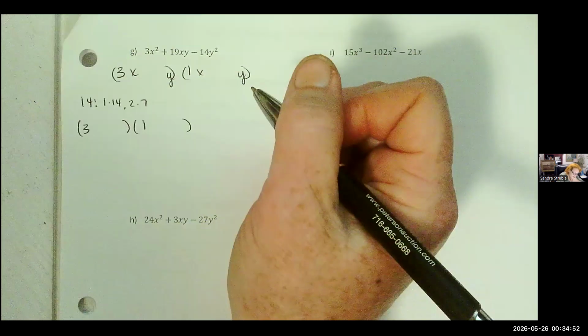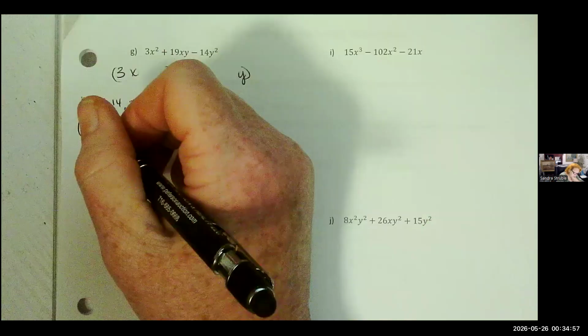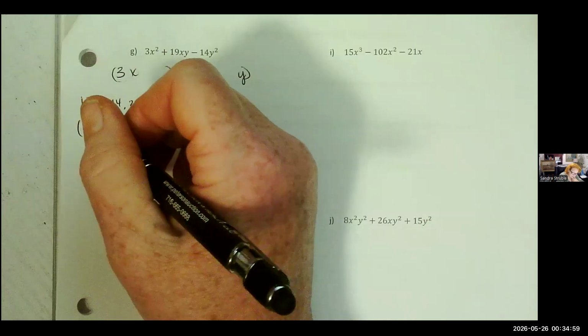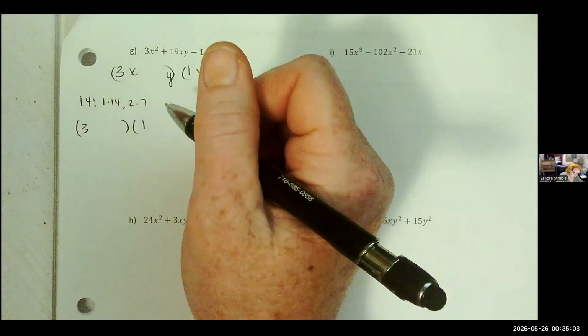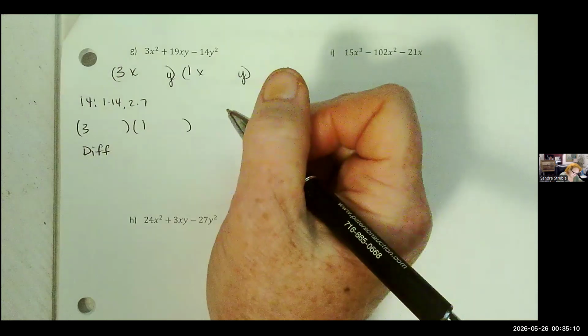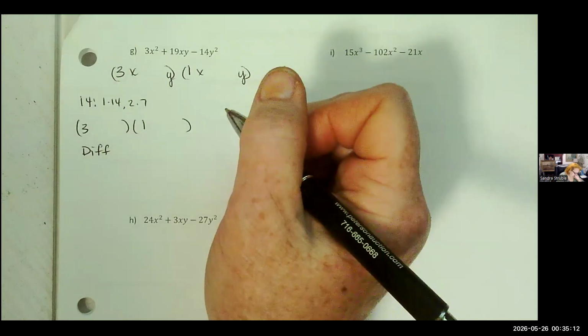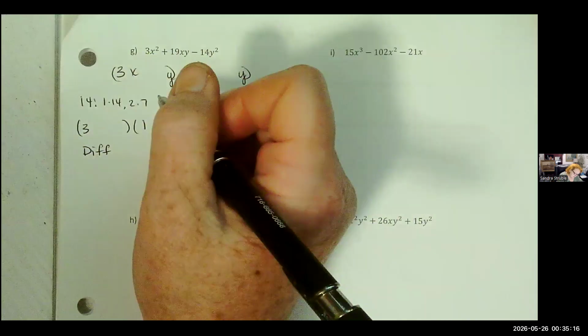Well, if we think about this, 14 and 3, if we multiply that, would be too big. 14 minus 3 is not going to give us, because this has to be a difference. The difference has to be 19. 14 minus 3 is not going to give us 19. So I'm going to go ahead and try the 2 and the 7. Let's try 7 and 2.